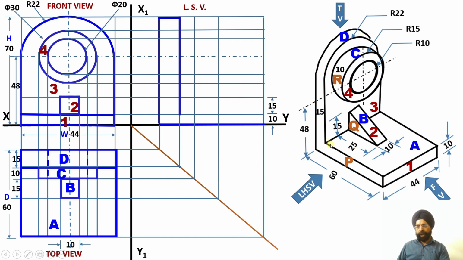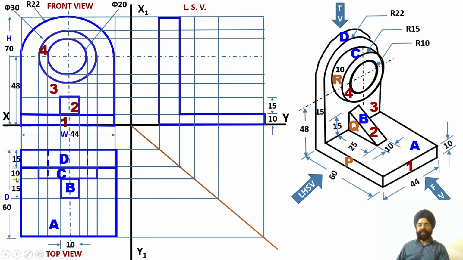Now from the bottom 10 millimeter, it is the height of the surface A, 10 millimeter, and then I'll draw 10 millimeter over here. So this completes my surface P projection over here. Now surface Q, I know the height. How much? 15 millimeter.